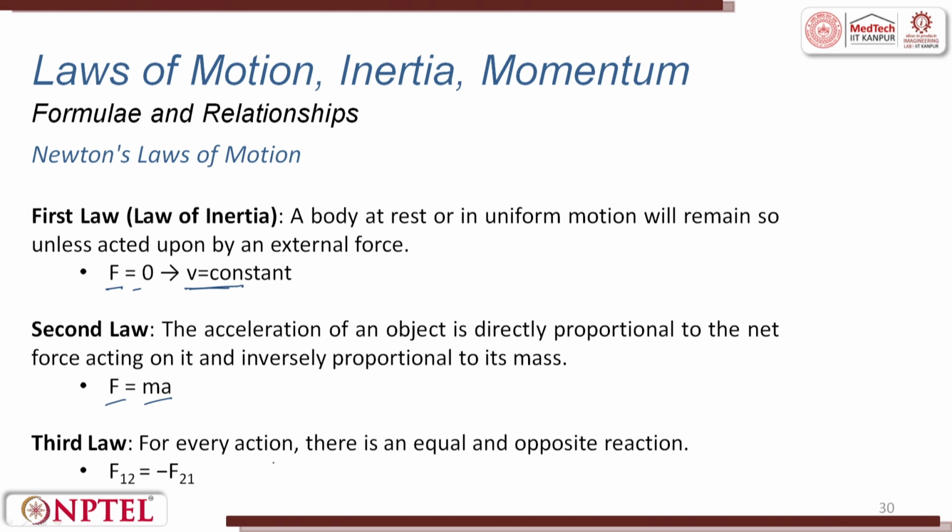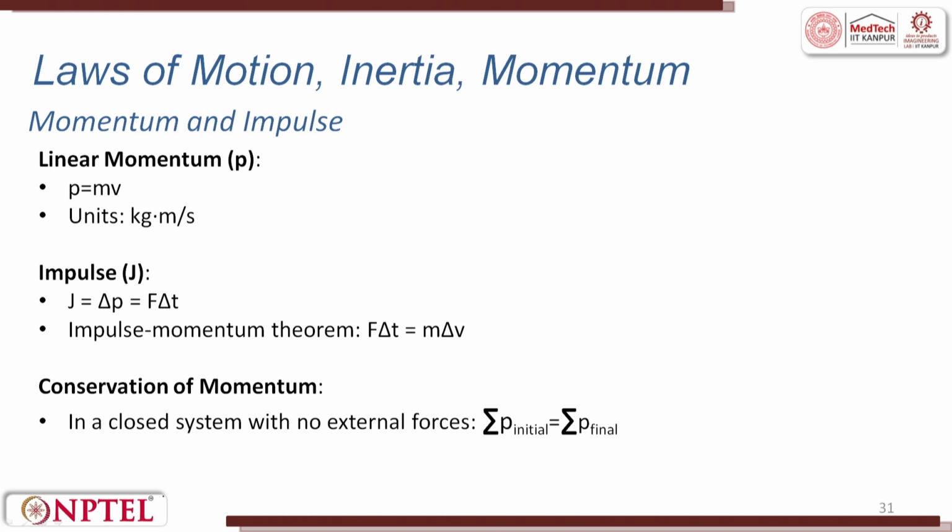That is, for every action there is an equal and opposite reaction, that is F12 is equal to minus F21. Then we talked about the linear momentum, that is p is equal to mass into velocity, the momentum. Units are kg meter per second. Impulse J is the change in momentum, which is also equal to force into change in time.